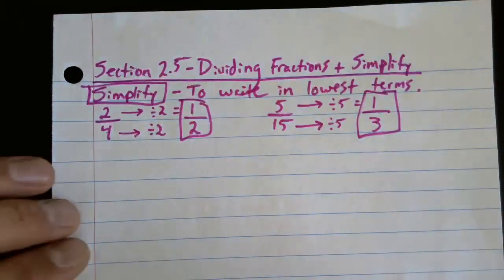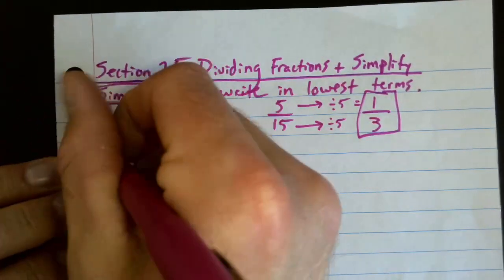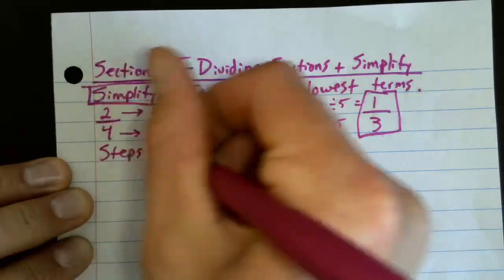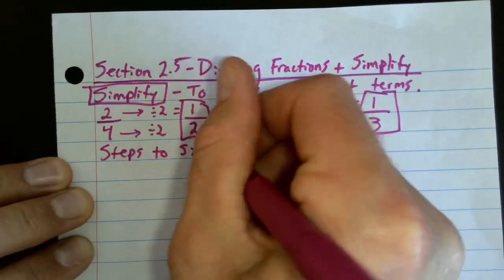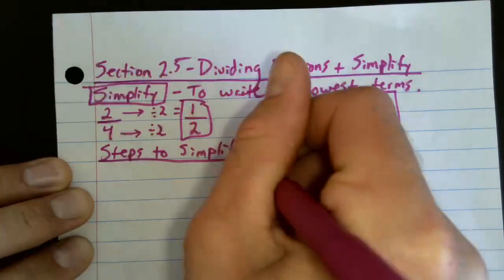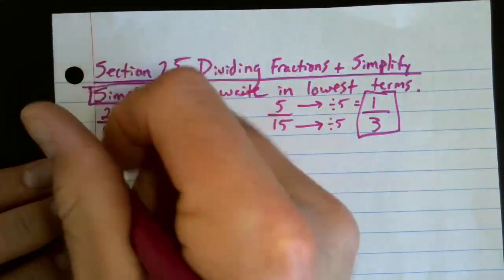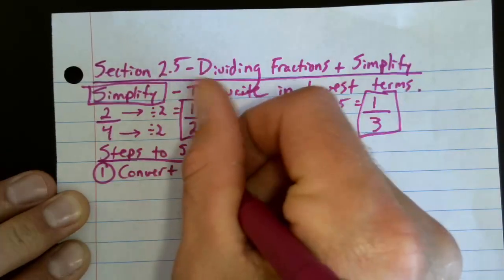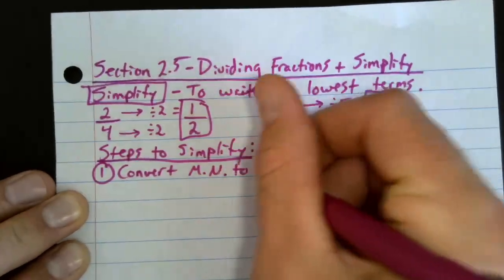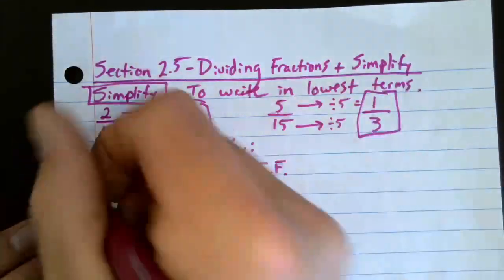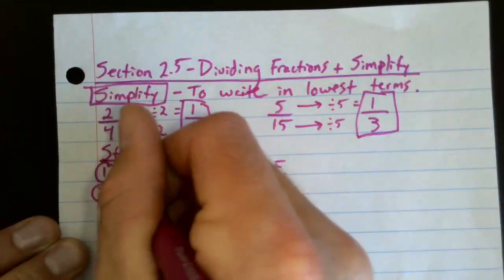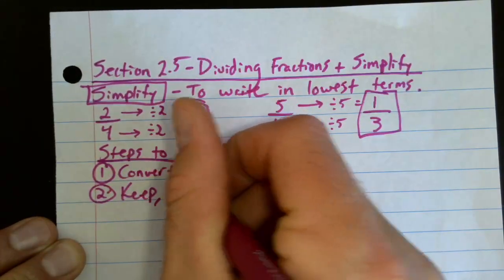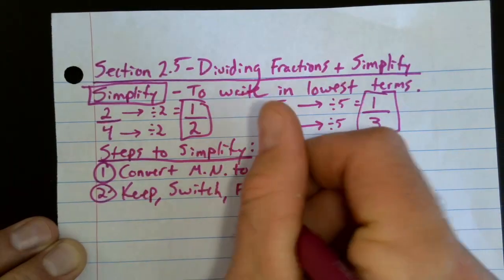That's it. So there's 3 easy steps to simplify. Step 1 is convert a mixed number to an improper fraction. Just make the conversion. Step 2 is keep, switch, flip.